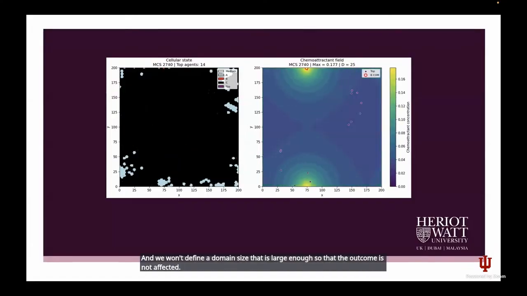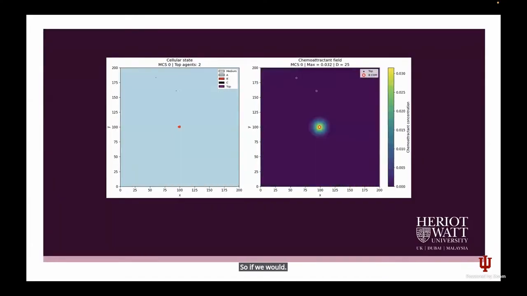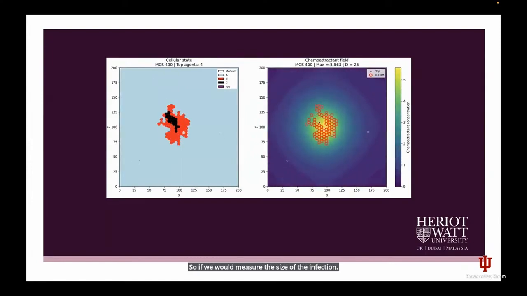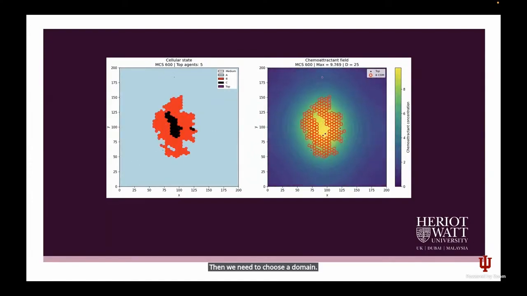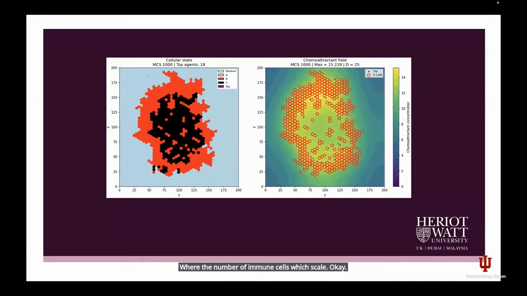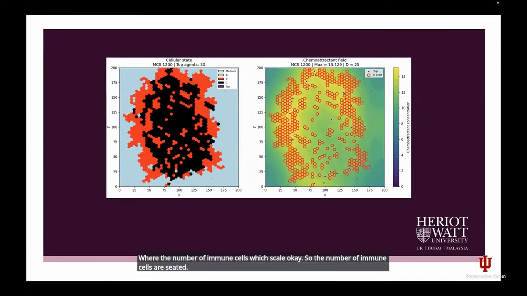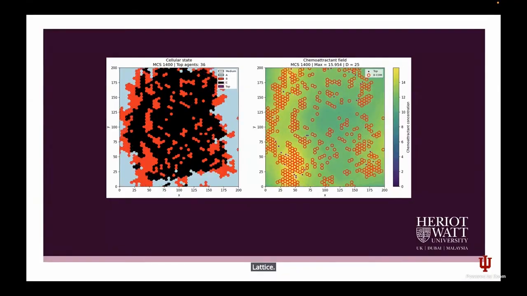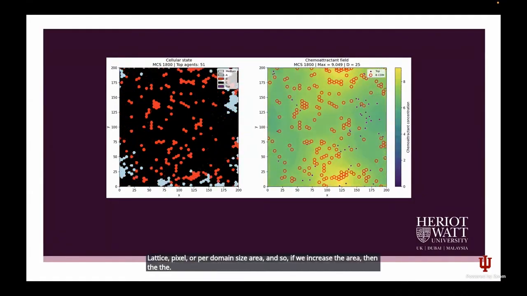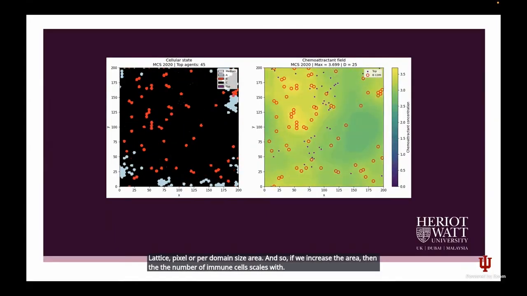So if we measure the size of the infection, then we need to choose a domain size where the number of immune cells, which are seeded per lattice pixel or per domain size area, scales. So if we increase the area, then the number of immune cells scales with that.